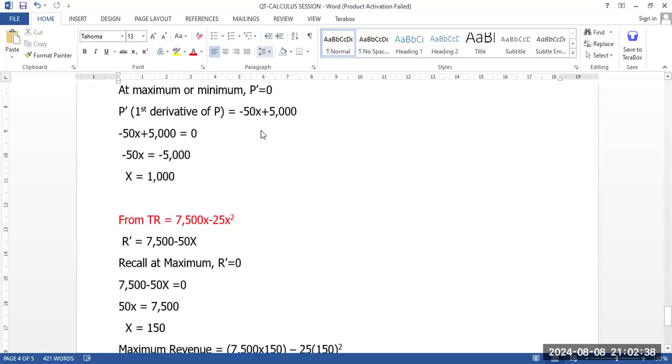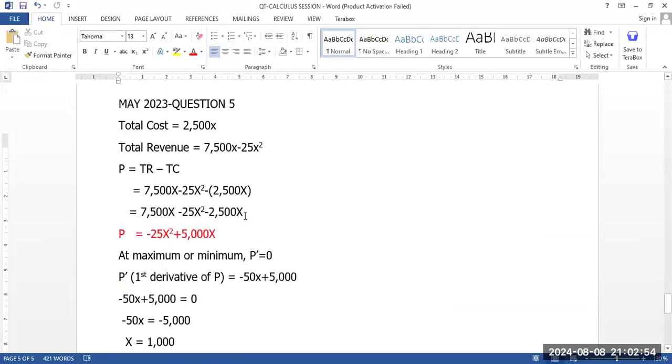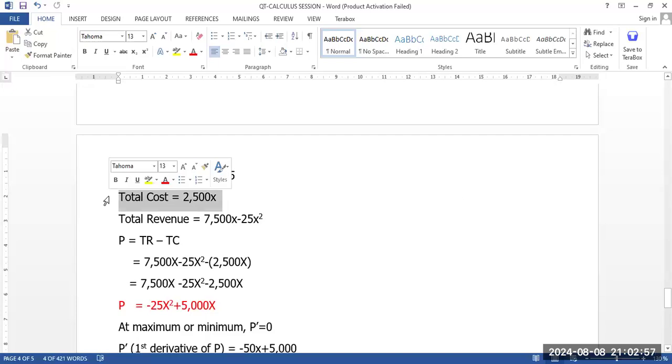And I think you see why the examiner was giving 7 marks. Are you seeing that? So we are done with part A.